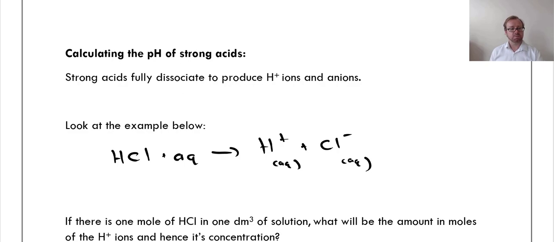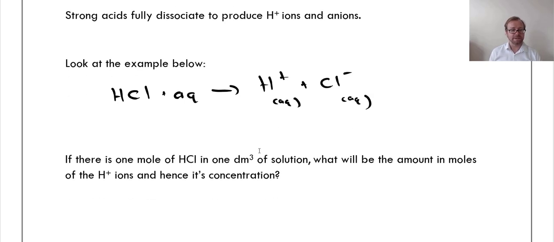If there is 1 mole of HCl in 1 dm cubed of the solution, what will be the amount in moles of H+ ions and hence its concentration? Well, if I've got 1 mole here, I must have 1 mole here and 1 mole here, because it's a 1-to-1 ratio.